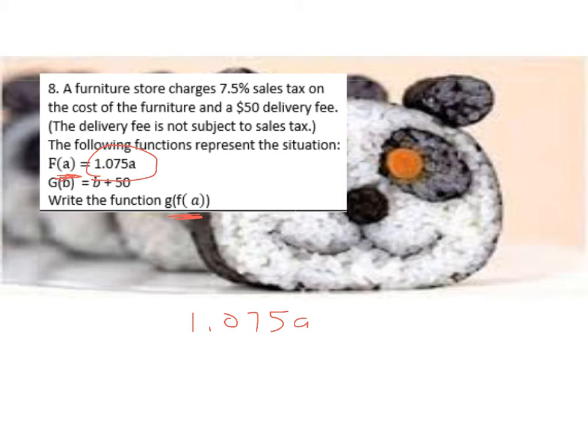So it becomes plus 50. So G of F of A equals 1.075A plus 50. It's really like all you're doing is combining parts of a function, and it's not so bad. Looks scary, really not so bad.